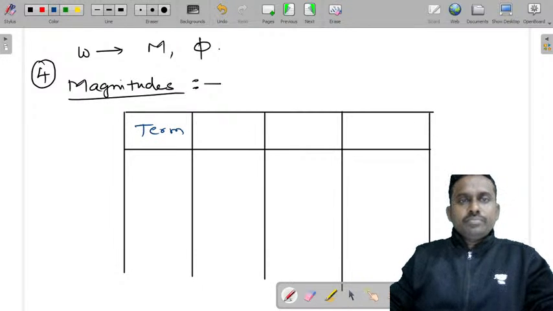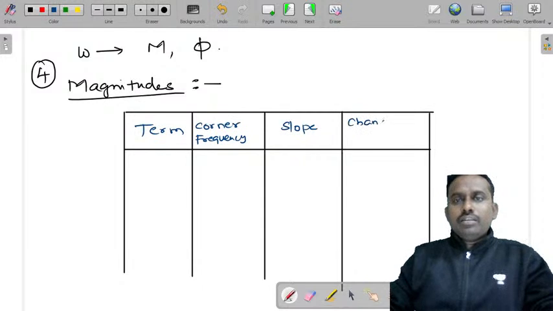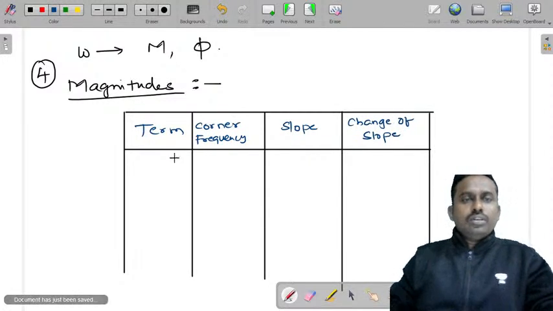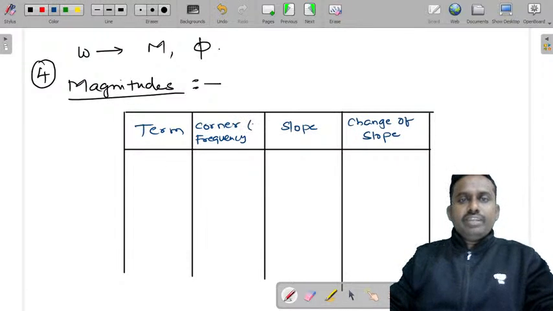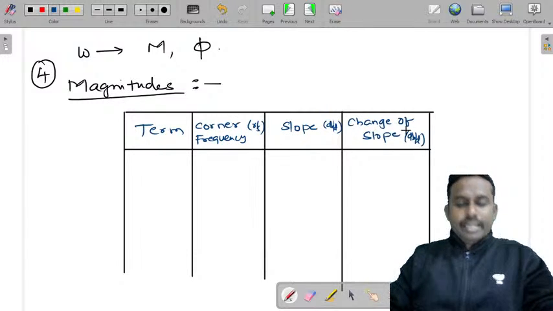Term, corner frequency in radian per second, slope in dB per decade, and this is also in dB per decade.